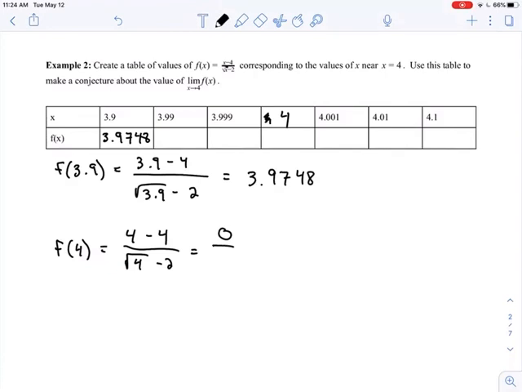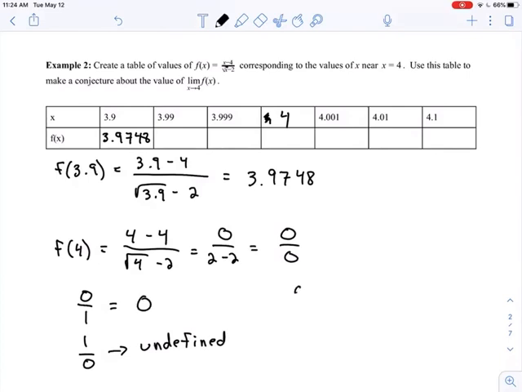In my denominator, square root of 4, that's 2 minus 2. I have 0 over 0. We cannot draw any conclusions about this. If we had, say, 0 divided by 1, that's equal to 0. That's no problem. If I have 1 divided by 0, or any number divided by 0, this is technically undefined.